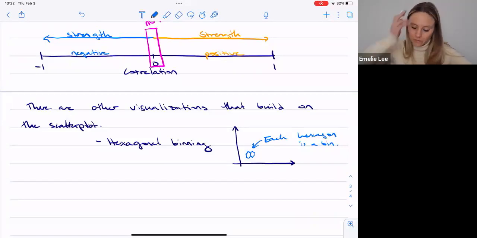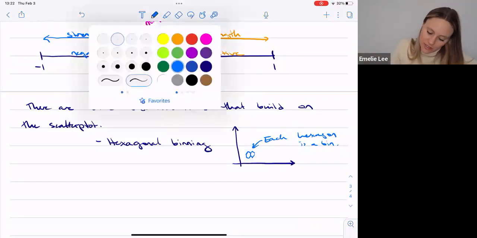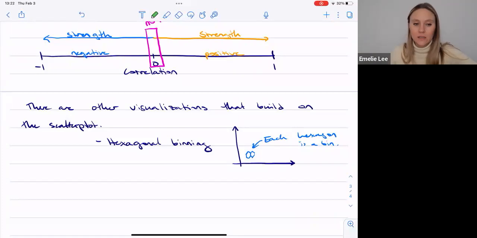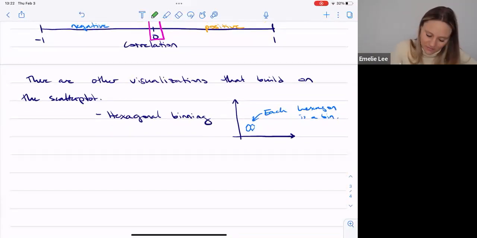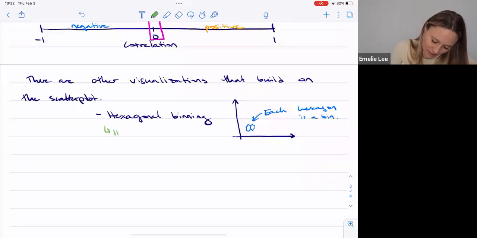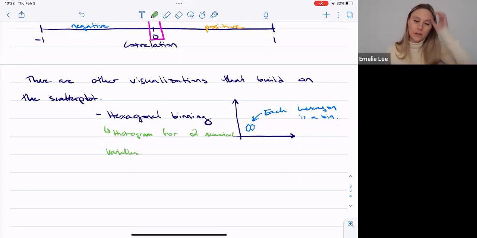But this is basically like a histogram for 2 numerical variables, right? So that's one thing that we can consider.